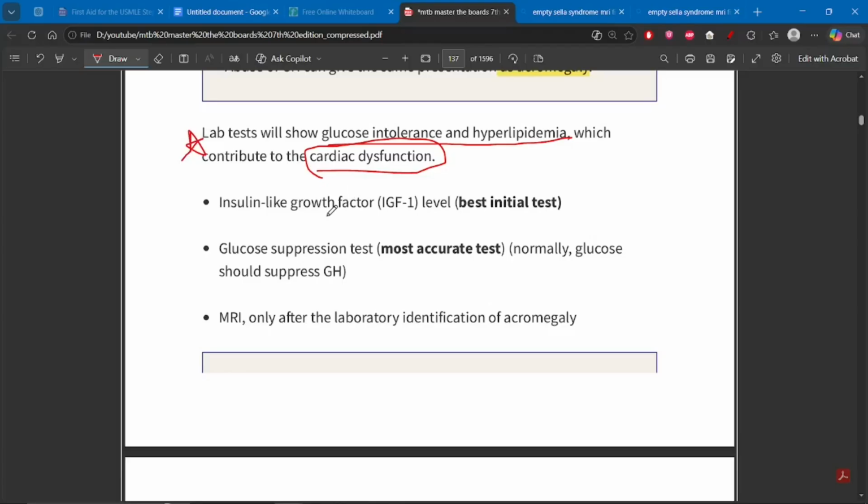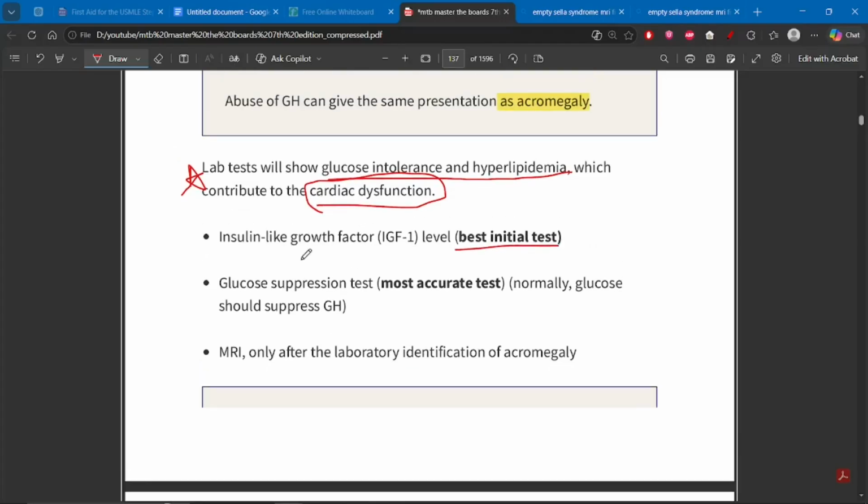Insulin-like growth factor level is basically the best initial test, and the most accurate test is the glucose suppression test. That's the most accurate test. So you need to remember this difference.